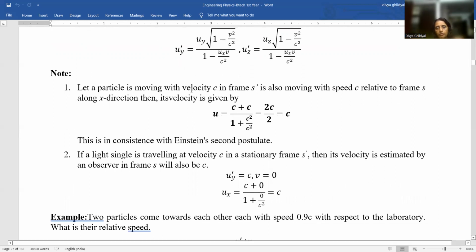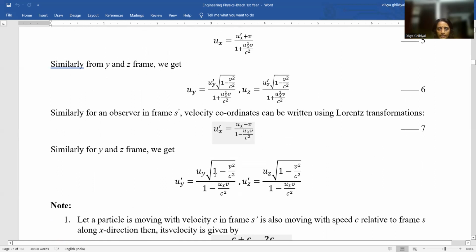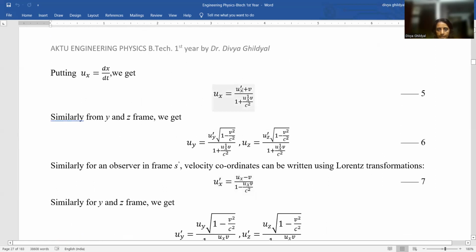Let a particle be moving with velocity c in frame S dash and also moving with velocity c in frame S. That means in both the frames it is moving with the velocity of light. So in this equation, ux dash is c, v is also c. You put c and c.